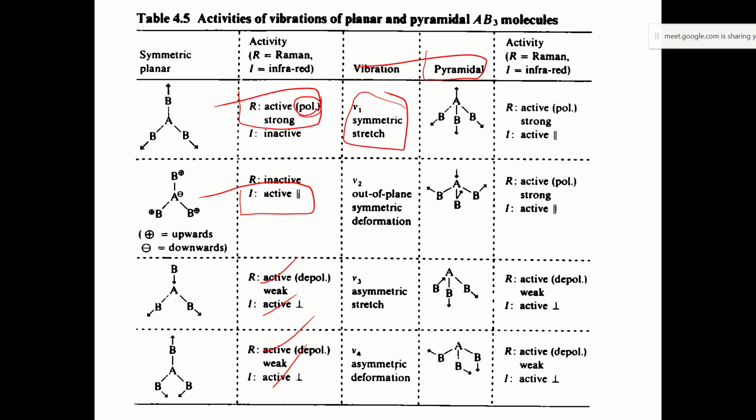Amongst the Raman active vibrations, the one which is more symmetric is likely to be polarized, and a Raman active mode which is less symmetric, although Raman active, may be depolarized, like that. Asymmetric stretching is weakly Raman active, and it is also depolarized.